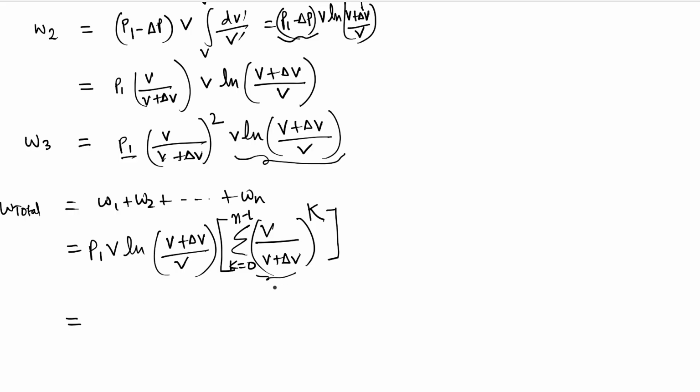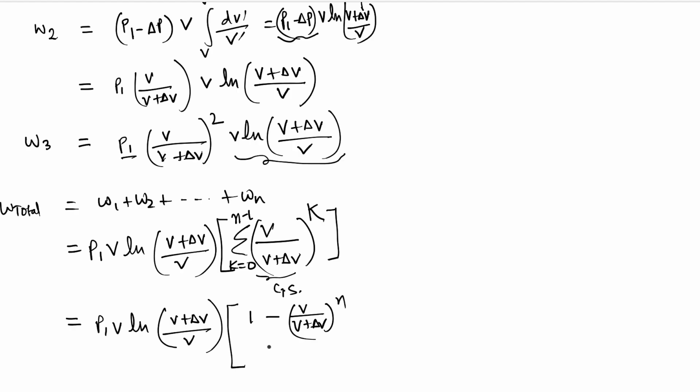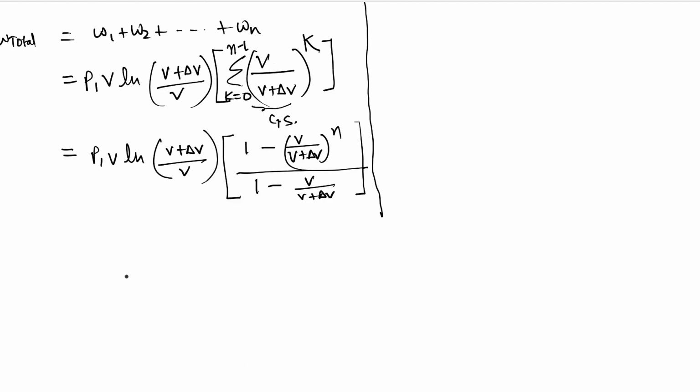This is nothing but a geometric series, right? So P1 V ln((V + delta V) by V), and then what we will have here is (1 - (V by (V + delta V))^n) divided by (1 - V by (V + delta V)). Okay. And then if we simplify this, we will get P1 V ln((V + delta V) by V). If you see, this is nothing but P2 by P1. We have already computed it.